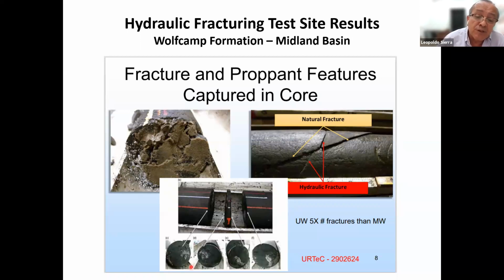And the other really important observation from here is that the hydraulic fractures could be mainly planar, and the distance between the fractures could be really close, like I'm showing here.